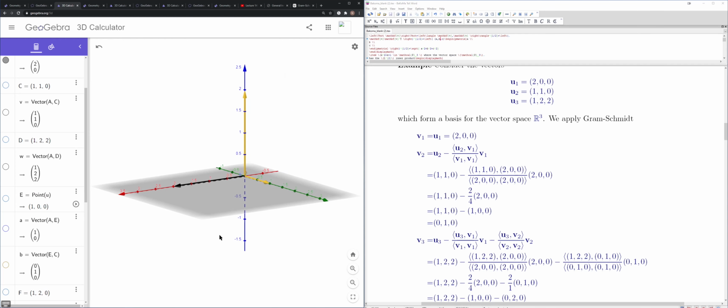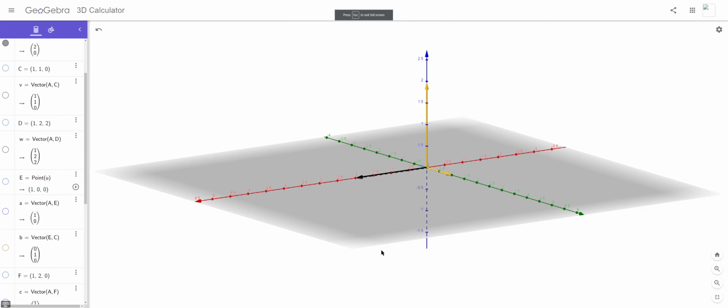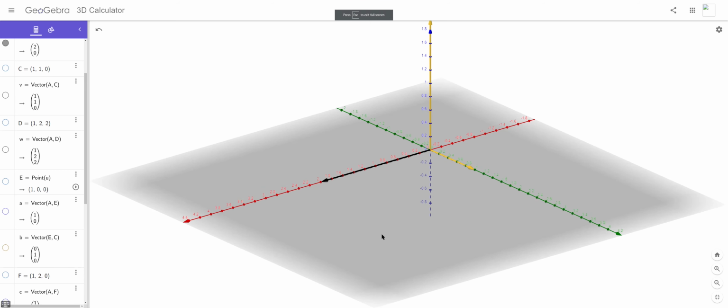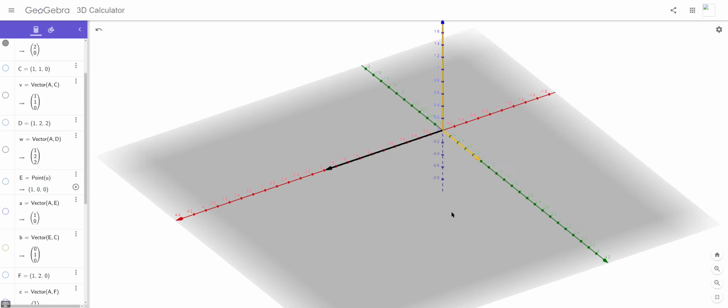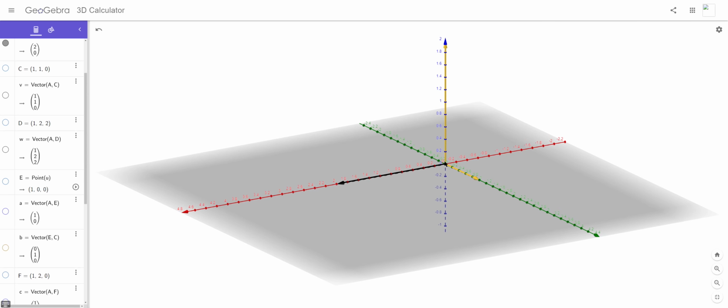And what I'm left with is v1 over here, which was equal to u1, the v2, which I constructed from the u2 by subtracting off a projection, and the v3 over here, which I constructed from the u3 by also subtracting off a projection.